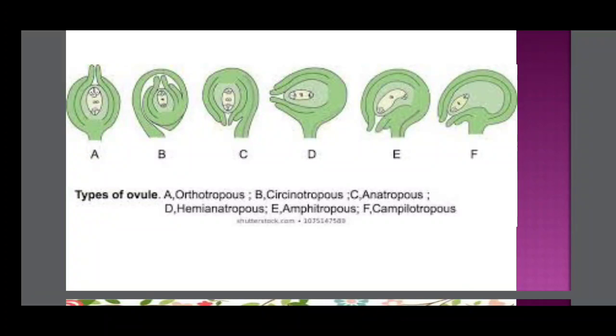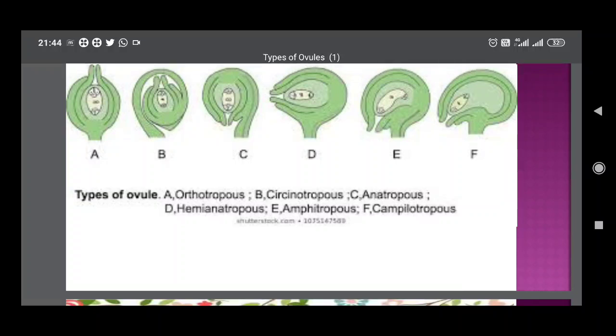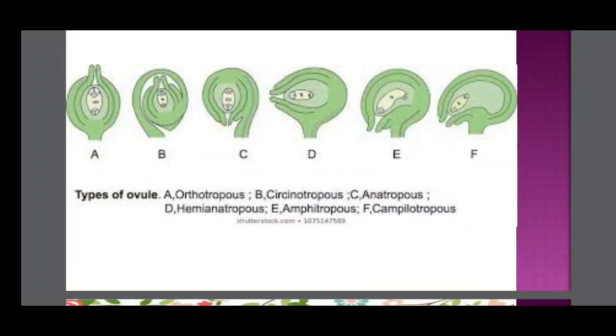The funicle makes one circle around the ovule. The circinotropous ovule is one type of orthotropous, but the funicle is around the ovule body. C is the anatropous. Anatropous is the orthotropous turned 180 degrees. The chalaza and the micropyle are in a straight line, but the funicle is beside the micropyle.